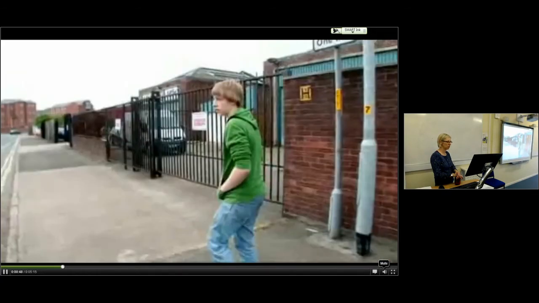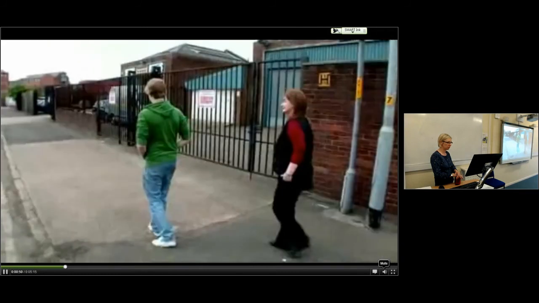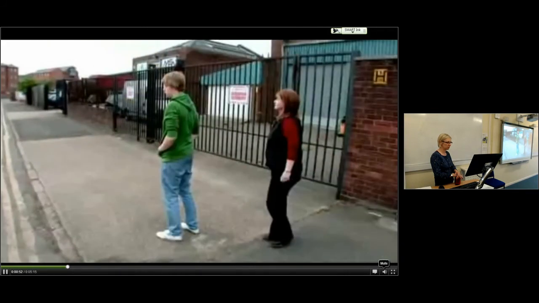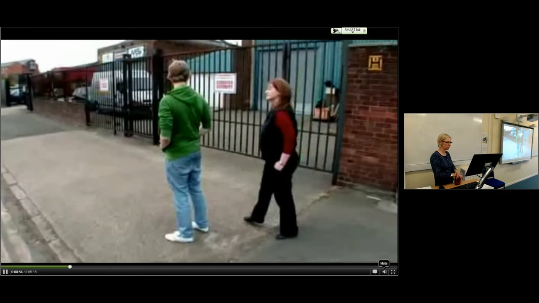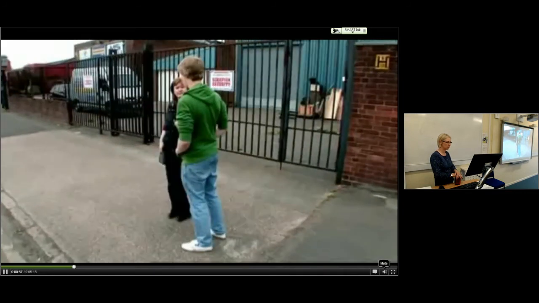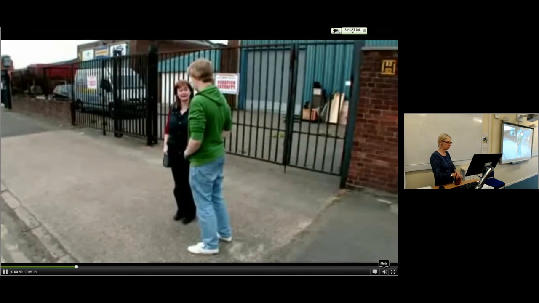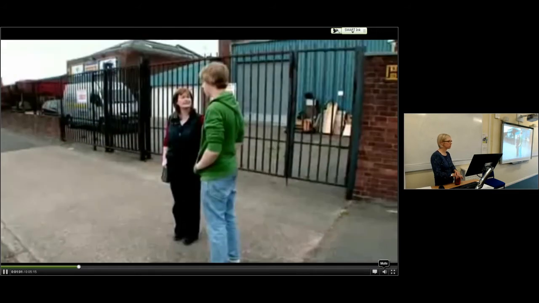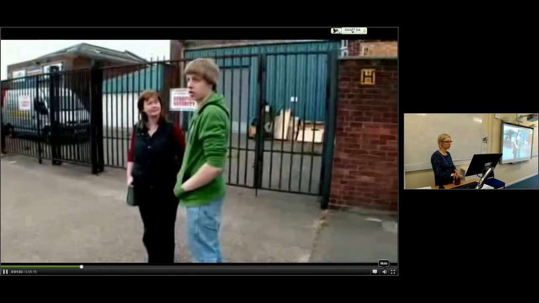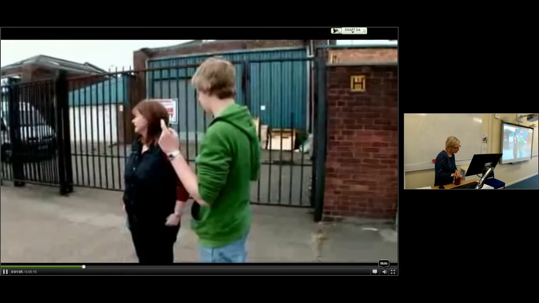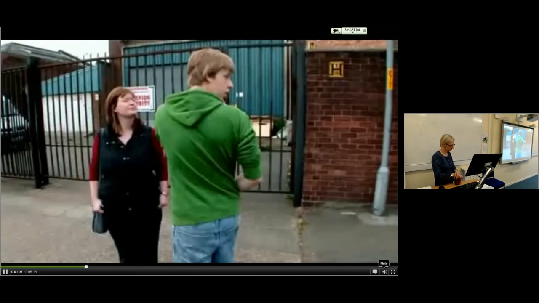Where are we going now then, Simon? Across the road. Okay, which direction are we heading? No. Can you just get your bearings for a minute? Have a look around and see if anywhere looks familiar. That way, okay.